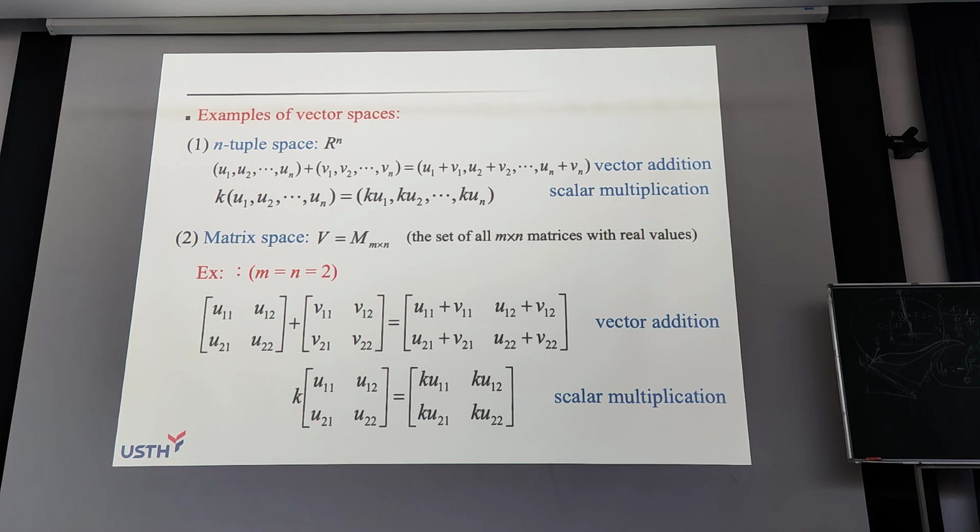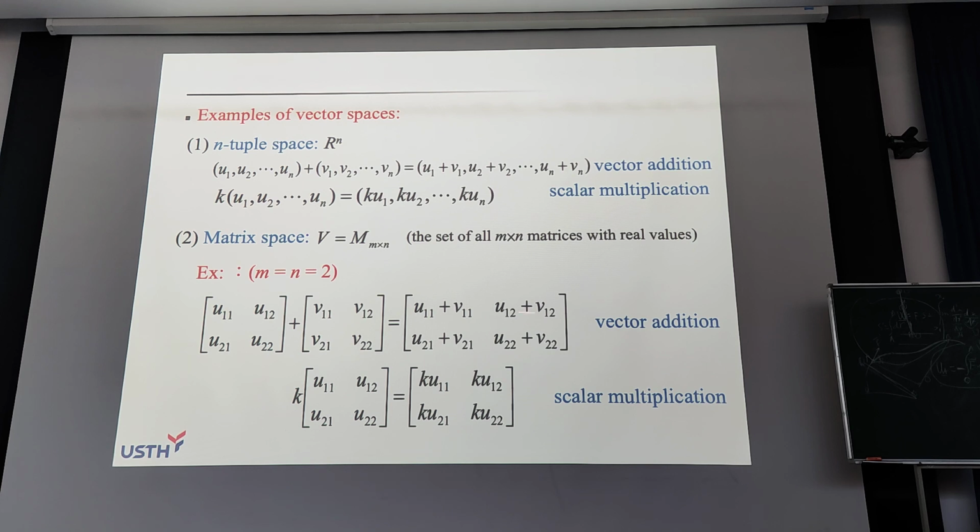Now, a matrix space V: we consider the set of m by n matrices. I fix the number m and number n. And here is an example. We fix m equal 2, and we consider the 2 by 2 matrices.